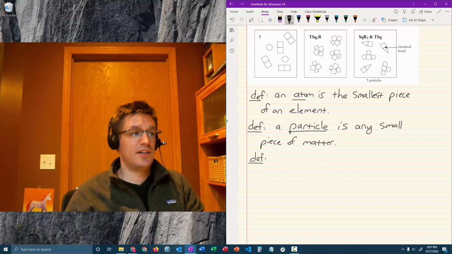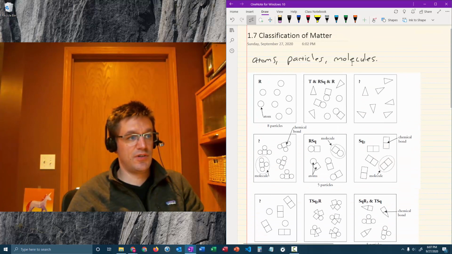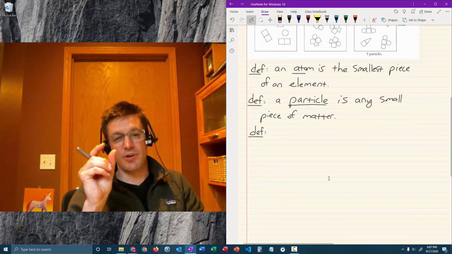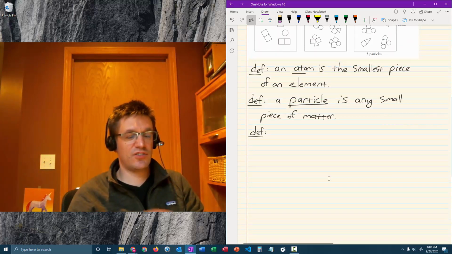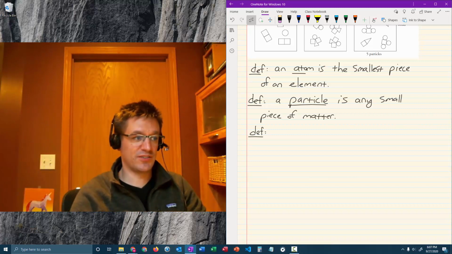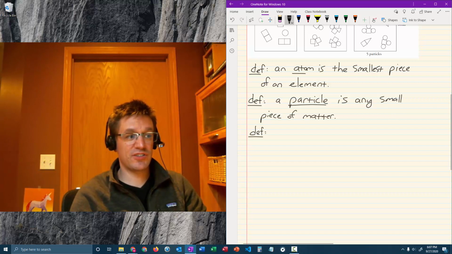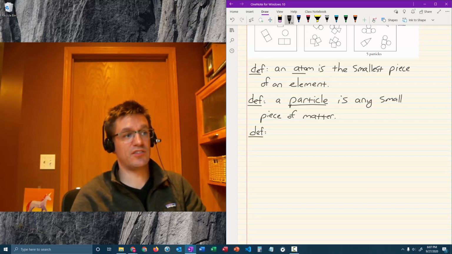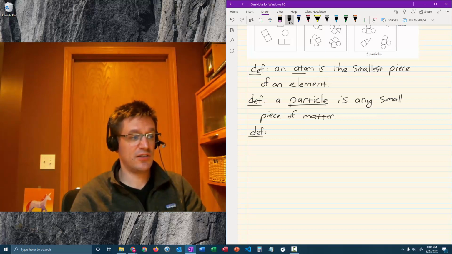And finally, in molecules, you're talking about like a clump of atoms. Several atoms are bonded together and they move around as one particle. Are atoms particles? Yes, atoms are particles because it's a small piece of an element, and that's a small piece of matter. Is a molecule a particle? Yes.